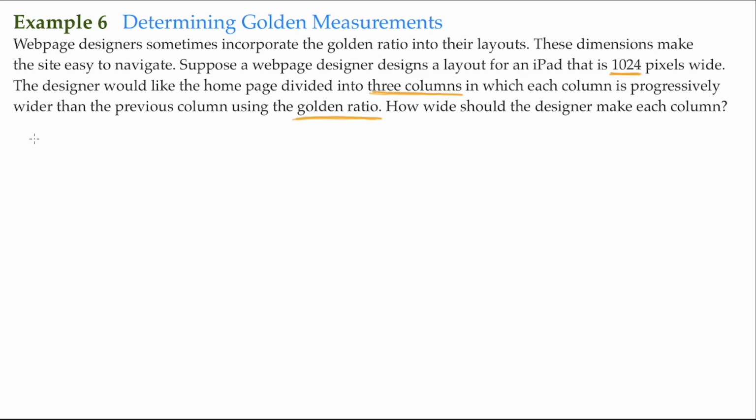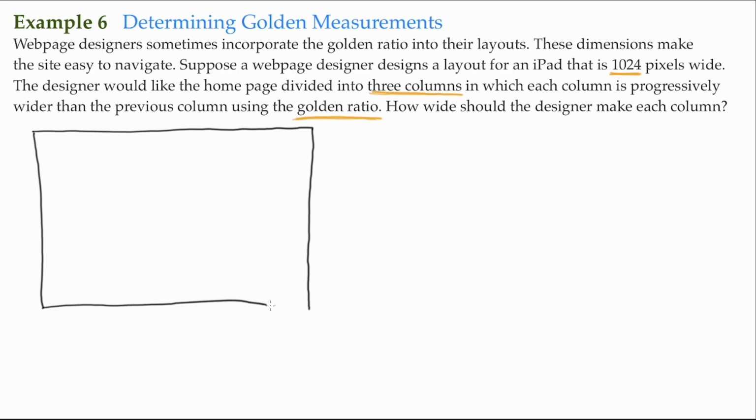So I'm just going to go ahead and draw an iPad here, what I think it would look like. You should always do this too. Kind of helps you visualize what's going on. And it doesn't have to be anything perfect, as long as it gives you an idea. So if this is the face of my iPad, the designer wants to create 3 columns.